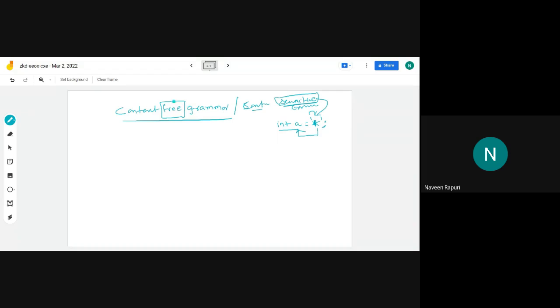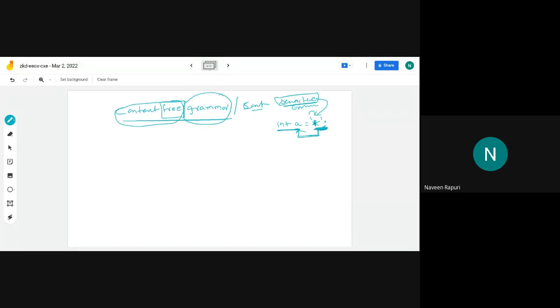So context free means the context is not considered. It is an integer value, it is a character value. Here the context is free, so we are not considering the context. But what about grammar?